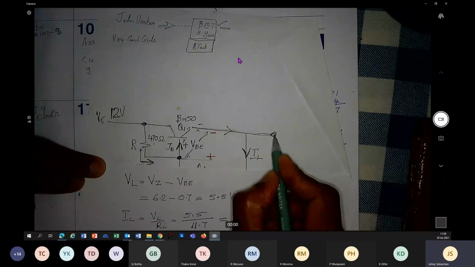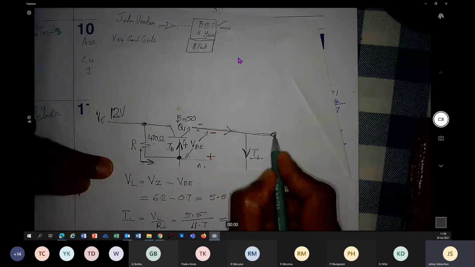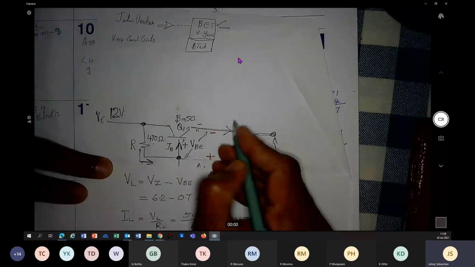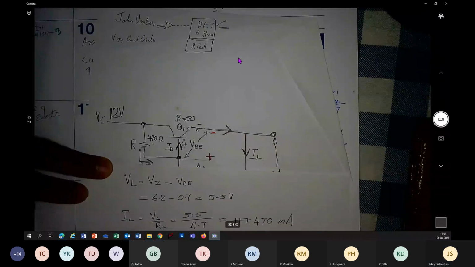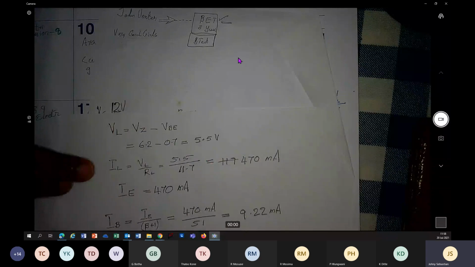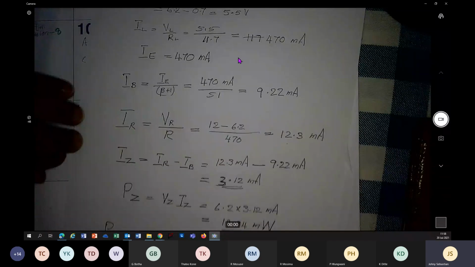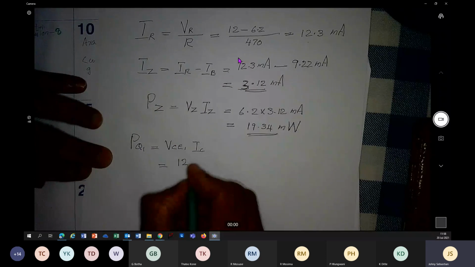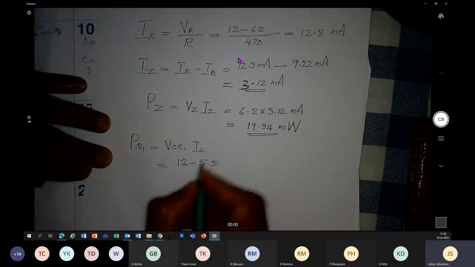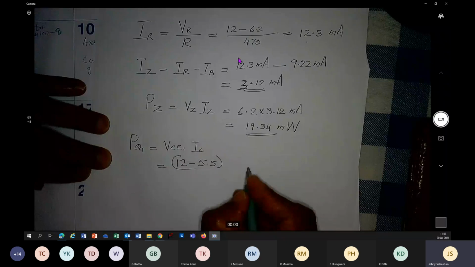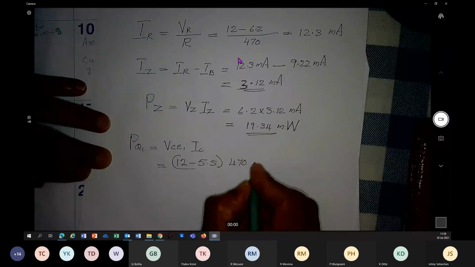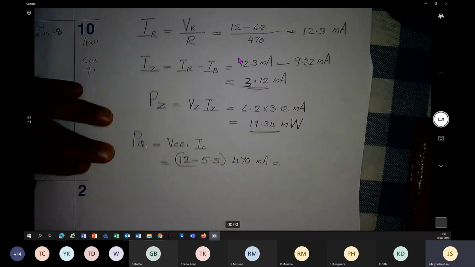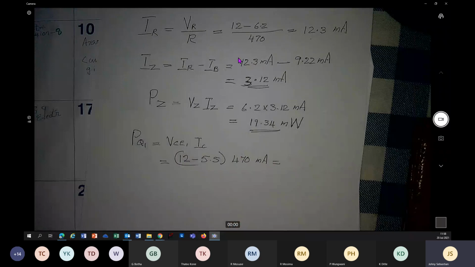So VCE is basically voltage at the collector minus voltage at the emitter, that is 12 minus 5.5. And what is the current through it? That is the same as the load current. So VCE is 12 minus 5.5 multiplied by the current, 470 milliamps. This is the power consumed by the BJT, the control element.